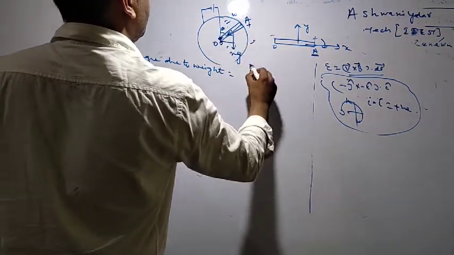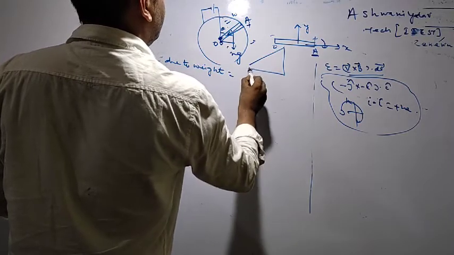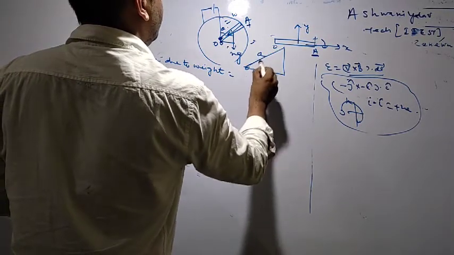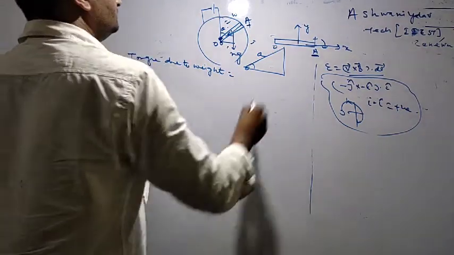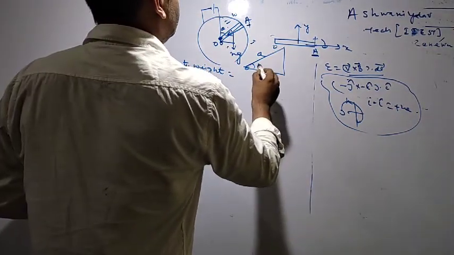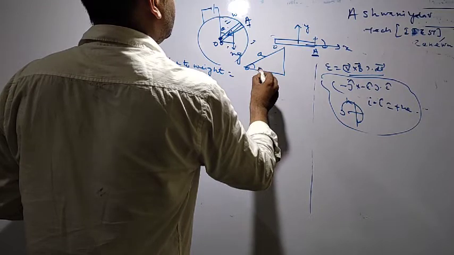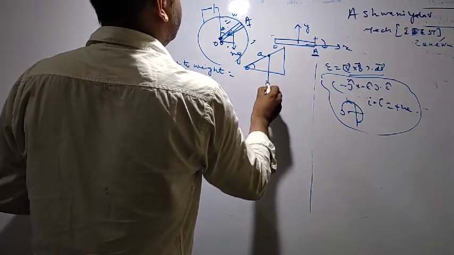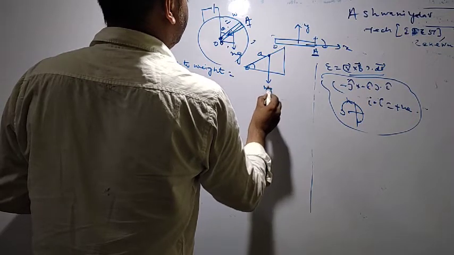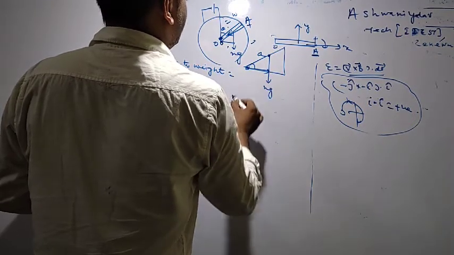This distance is like this, OA, and mg will act like this, and this is the distance we want to know.